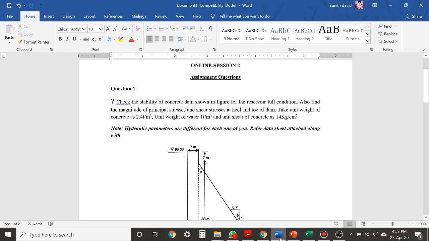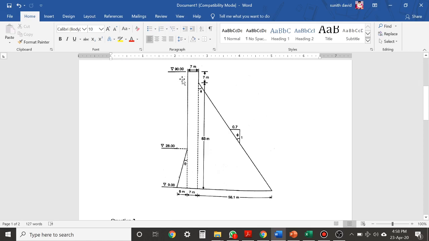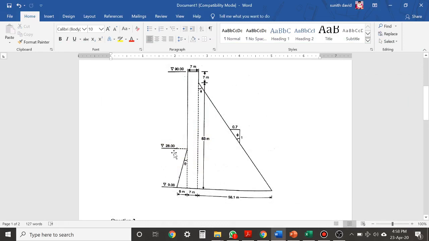I think this is all about question number 1, the stability analysis question that you can do yourself. Each one of you has to see the data sheet where the upstream, downstream and distance of gallery from heel conditions are varying. Based on your roll number, you have to put the value and do the calculation.